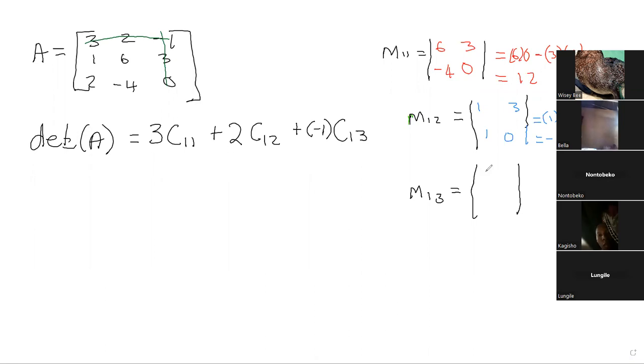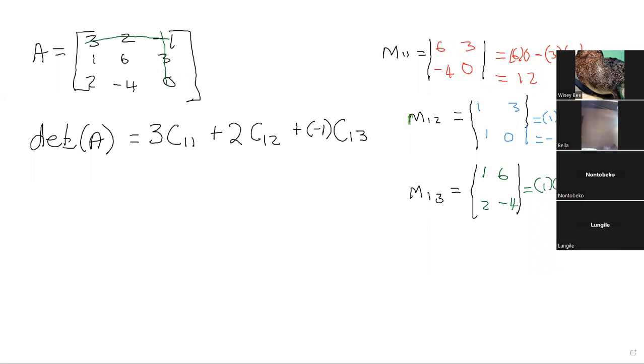We'll be left with 1, 6, 2, minus 4. This is equal to 1 times minus 4, minus 6 times 2, which is 12. This would be minus 4, minus 12, which is minus 16, right?